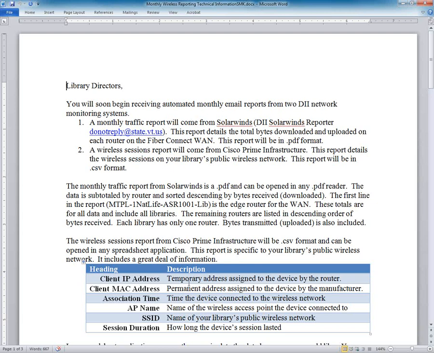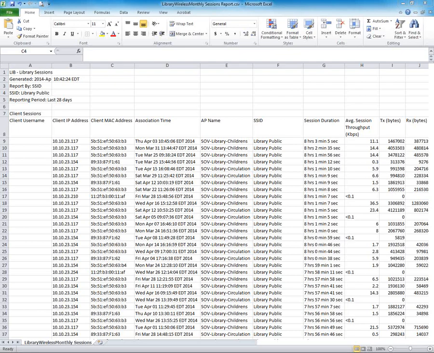You're also seeing what's called the client MAC address. This is going to be unique to every device. So if you want to look and see if any particular devices are connecting to your network on a regular basis or a repeated basis, you would go to the Excel spreadsheet and sort by the client MAC address.